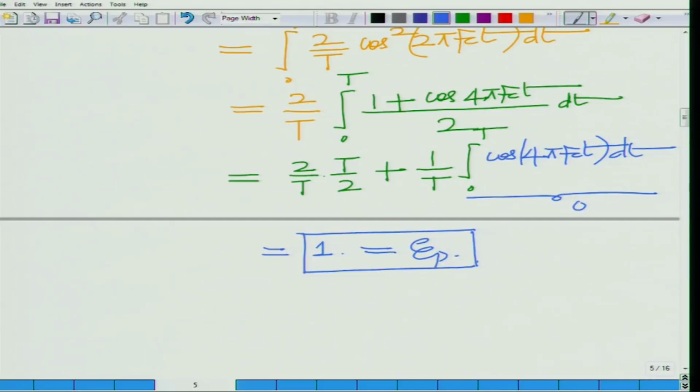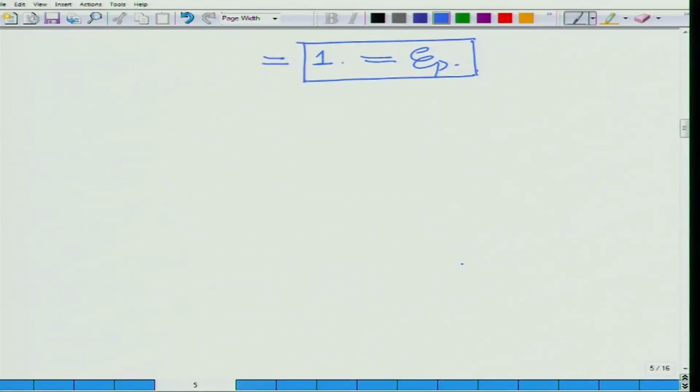Okay. Now, we have x(t) equals A_0 times p(t).